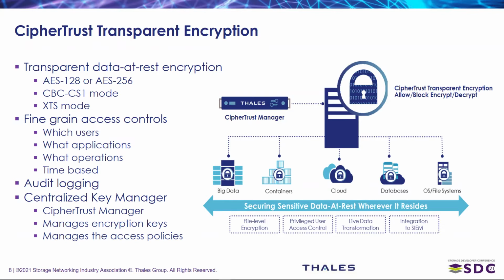And finally, CipherTrust Transparent Encryption works in connection with the CipherTrust Manager, which is a centralized key management system. It helps manage all your encryption keys and access control policies to help secure the protection of all your data.